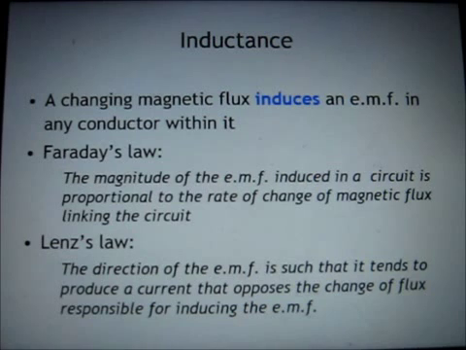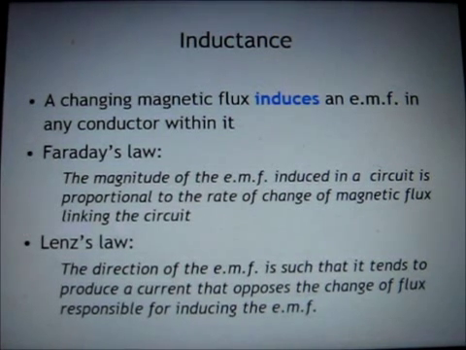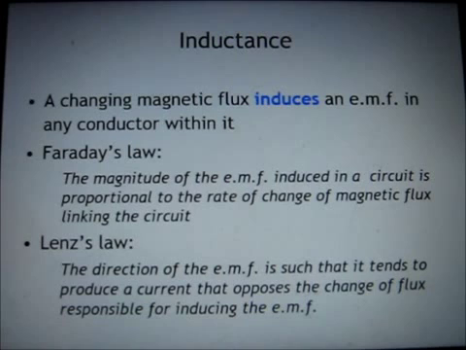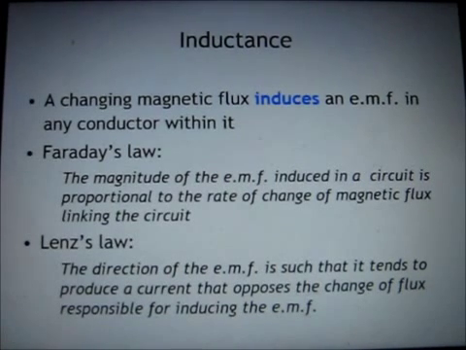As the rate of change of magnetic flux increases, the magnitude of the EMF also increases. The direction of this EMF is given by Lenz's law, that is, it tends to oppose the current that produces the change of flux. You can remember E equals minus N d phi by dt. That minus sign is due to Lenz's law, and d phi by dt is according to Faraday's law.